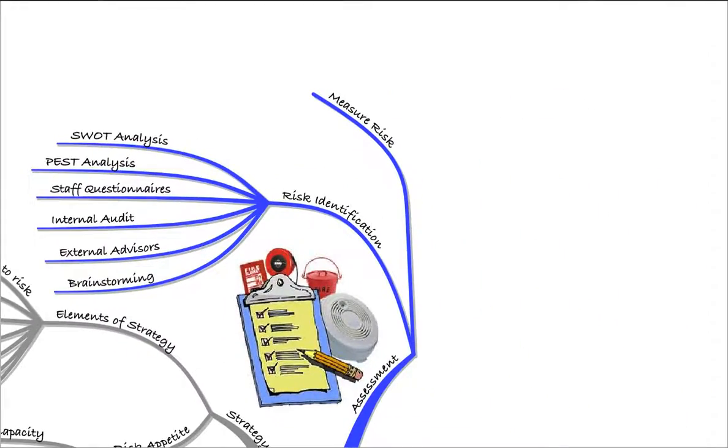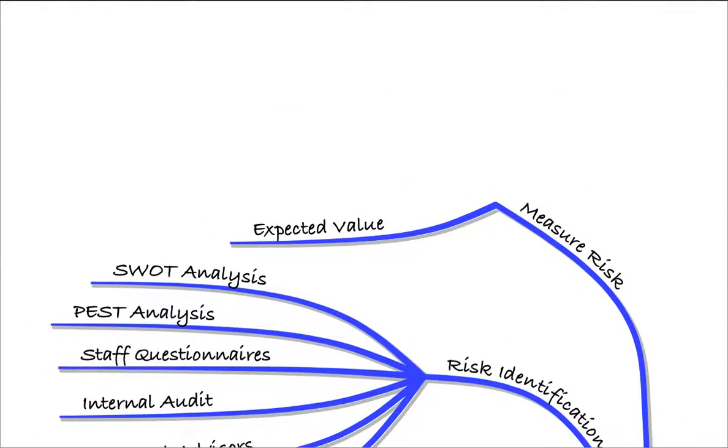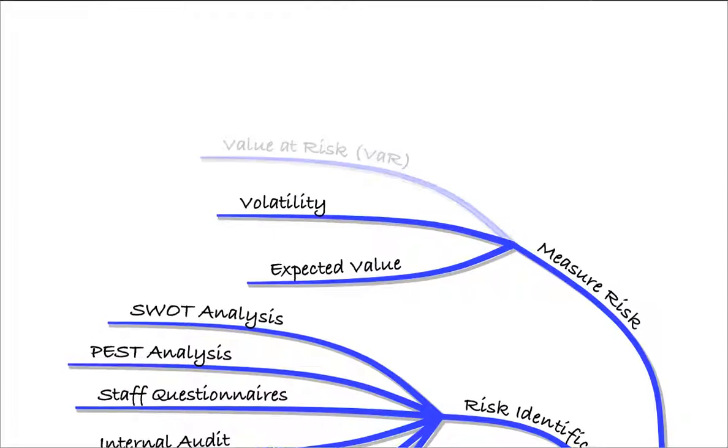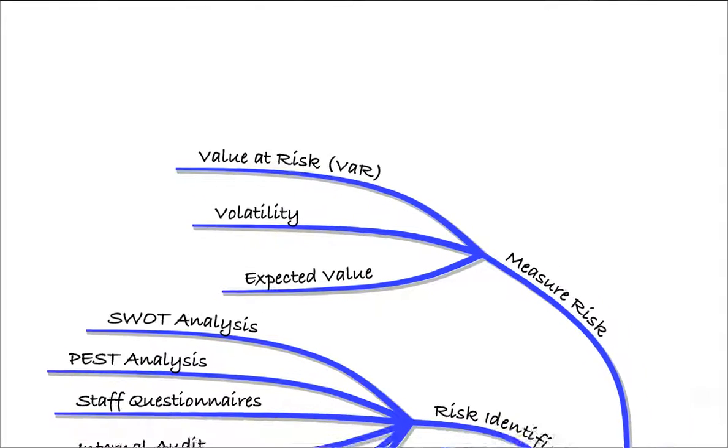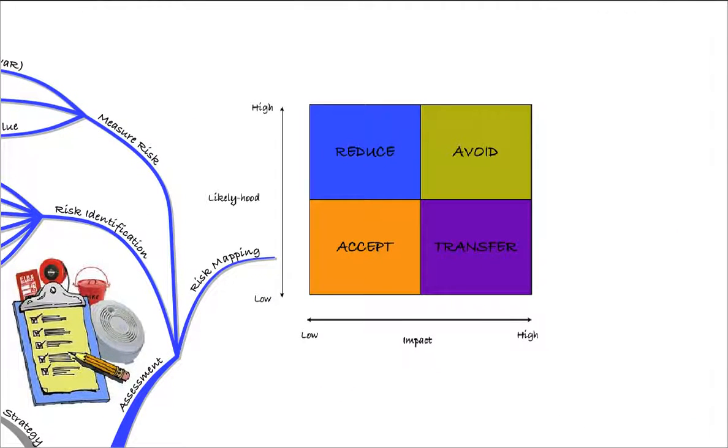We can then measure those risks using expected values or volatility or indeed value at risk. That all will enable us to undertake a risk mapping exercise. So we plot the risks here on our risk map from the likelihood ranging from low to high and the impact ranging from low to high also.